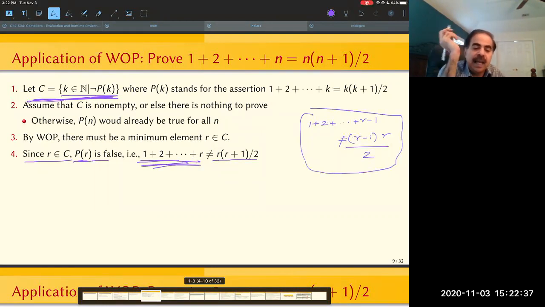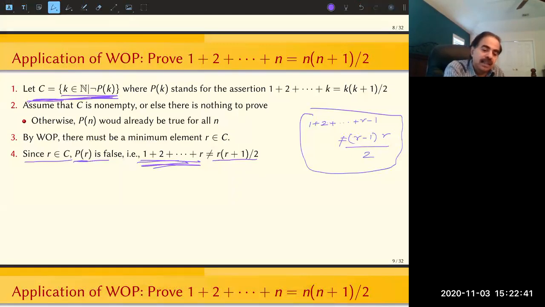And then this is nothing but P of R minus 1, because if you change this inequality into equality, then it will be P of R minus 1.